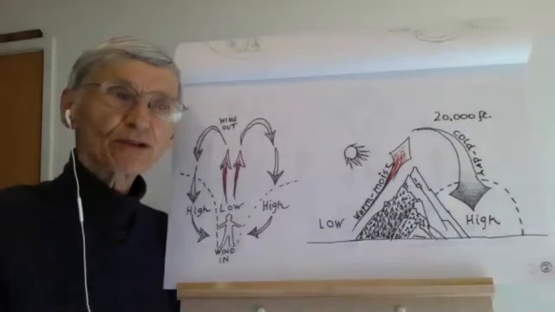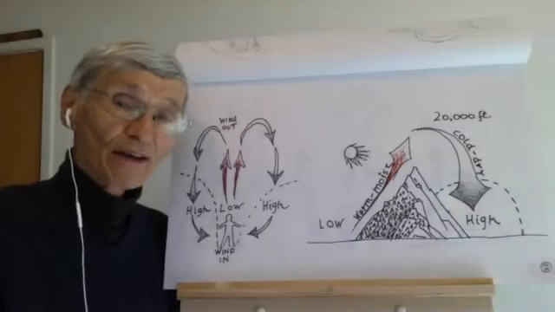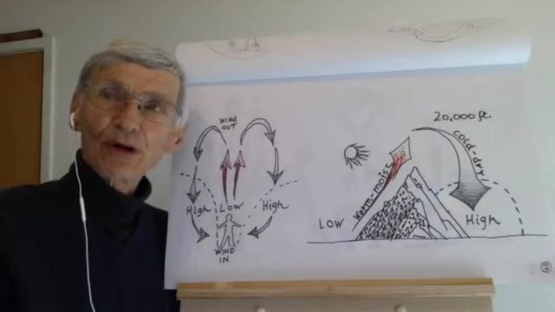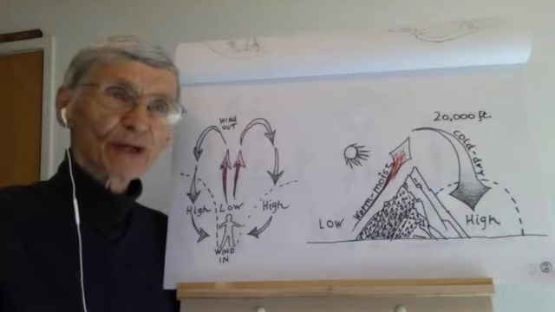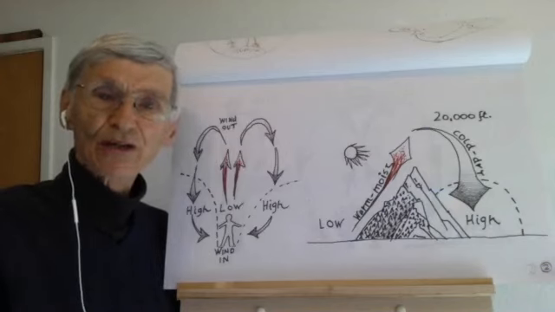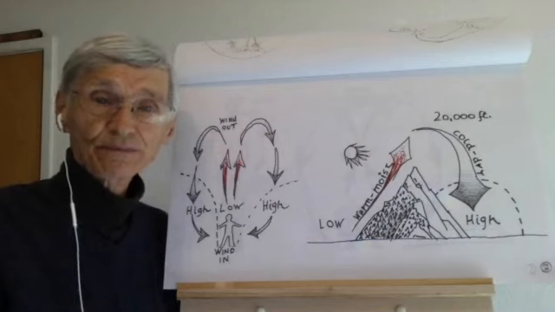And what I'd like to do is give you some background on why that is so, because the clouds are continually giving you pictures of where the blocking ridge is and how it's operating.